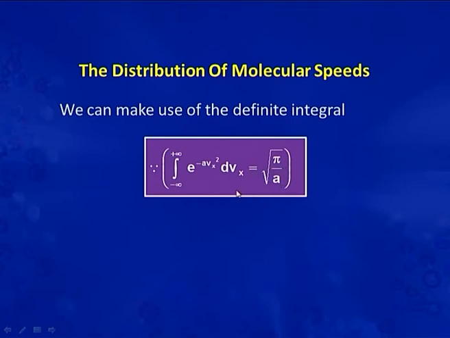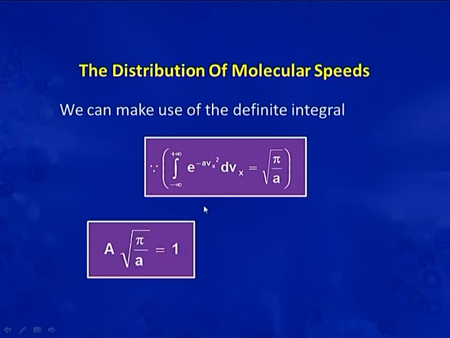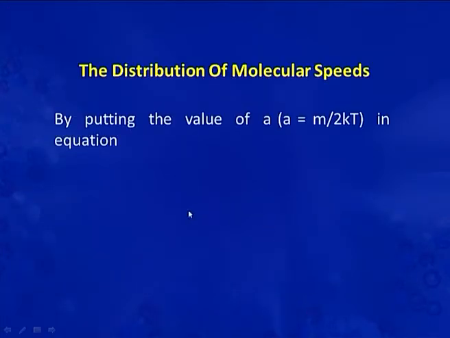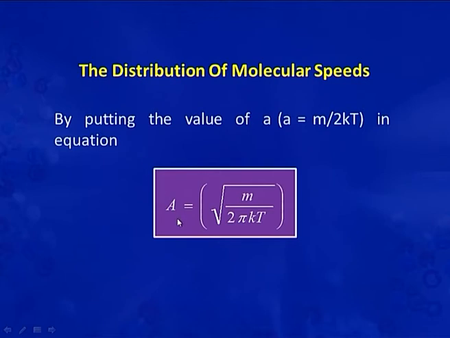Now, we substitute this value in the previous equation and we get A into root pi by a equals 1. Now, we can calculate the proportionality constant from this equation, that is A equals root a by pi. Now, we put the value of a, which is m by 2kT. So, the proportionality constant A is root m by 2πkT.